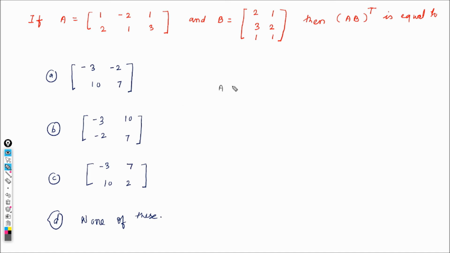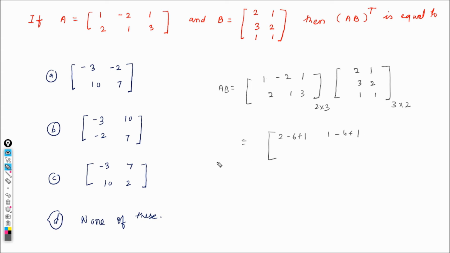We'll calculate the multiplication of these two matrices, then we'll take the transpose of it. So given matrix A, given matrix B, we have to find the transpose of their multiplication AB. Let us multiply this. First row, first column: 1 into 2, 2 minus 6 plus 1, and 1 minus 4 plus 1.